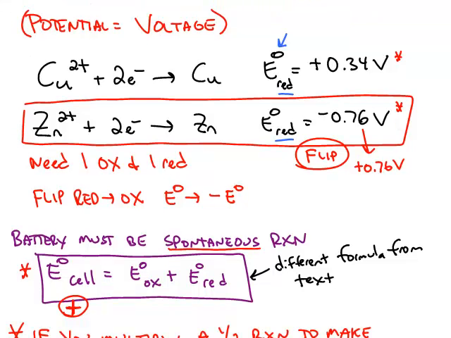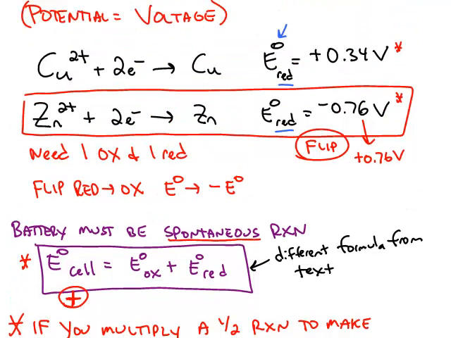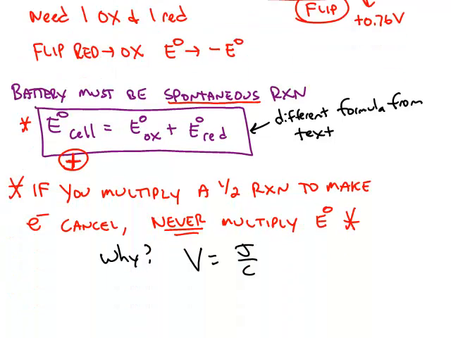In this example, I don't have to do this, but sometimes you have to multiply a half reaction in order to make the electrons cancel. This one was nice because two electrons will cancel two electrons once we flip the zinc. We don't have to multiply by any constant.